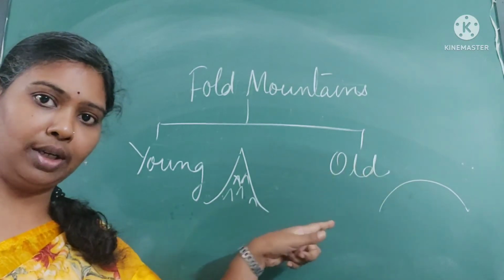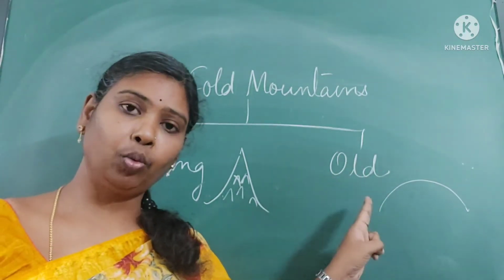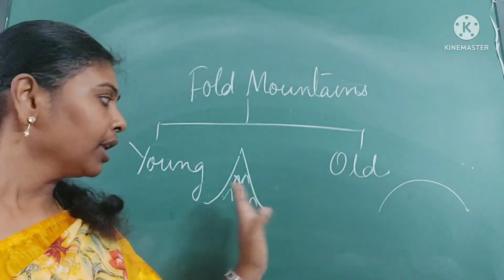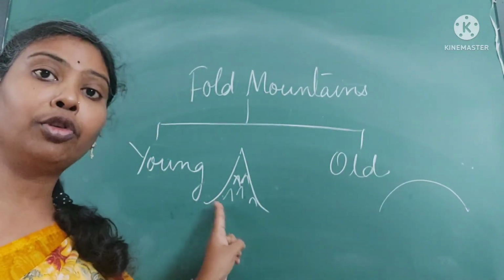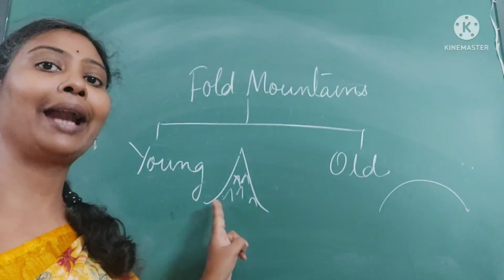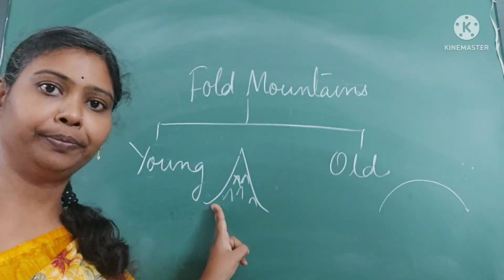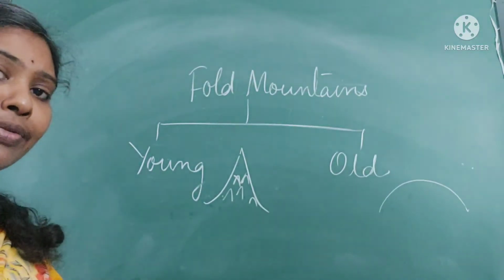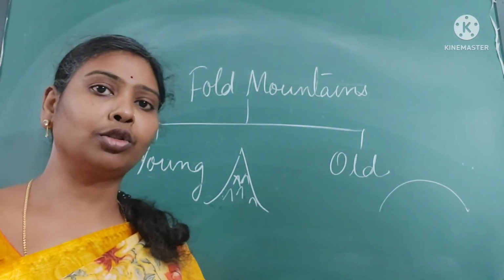So here it is not subjected to volcanic activity and earthquakes. While young fold mountains are formed by folding and faulting, with volcanic activity also, right? And in old fold mountains, one other feature is that we find monad rocks also.